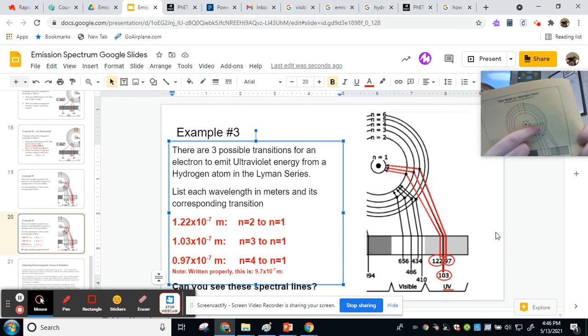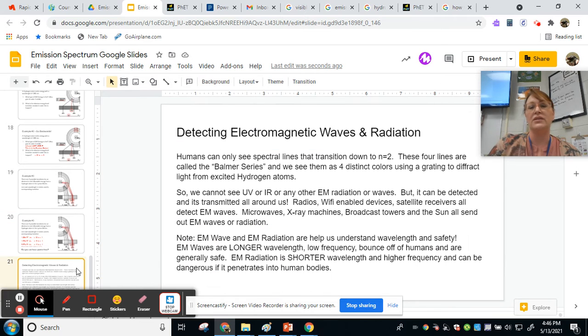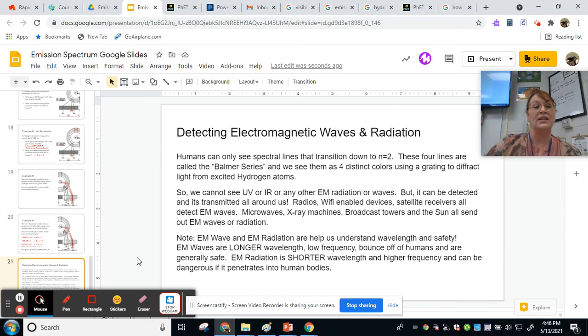So n equal 3 to n equal 1 for the 103 nanometer line. And then the 97 nanometer line starts here at n equal 4, and it transitions down to n equal 1. So n equal 4 to n equal 1. Alrighty, so there's 3 examples of using transitions in electron energy levels for the Bohr model and figuring out the corresponding wavelengths of spectral lines that are created in a diffraction.